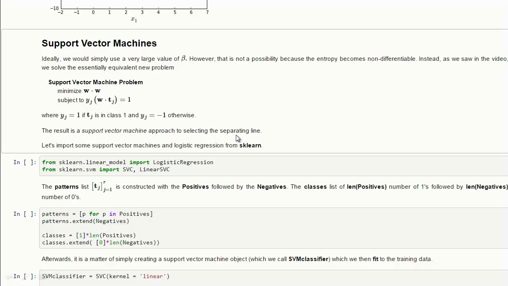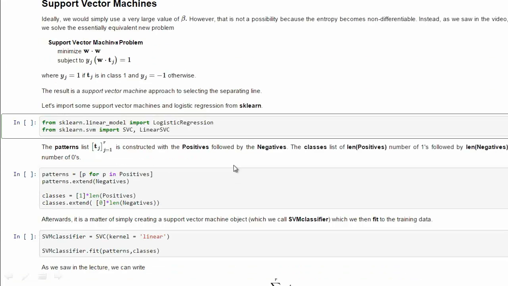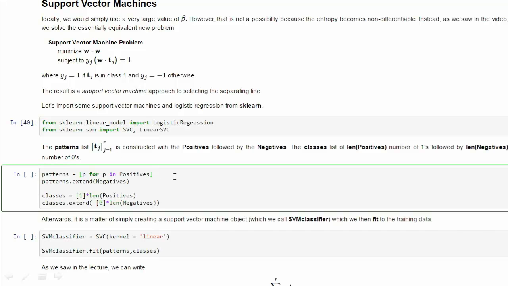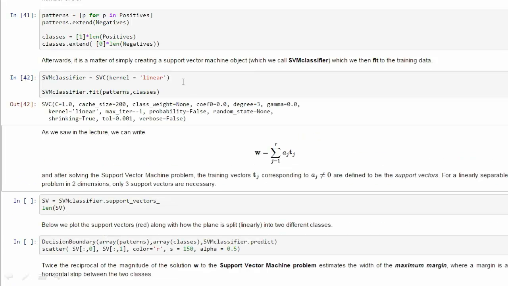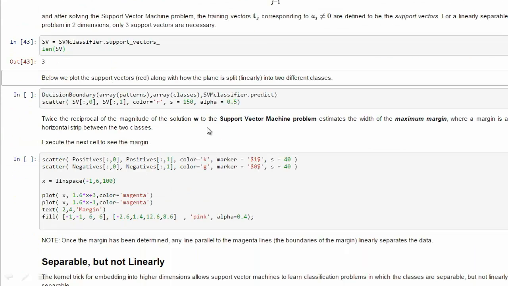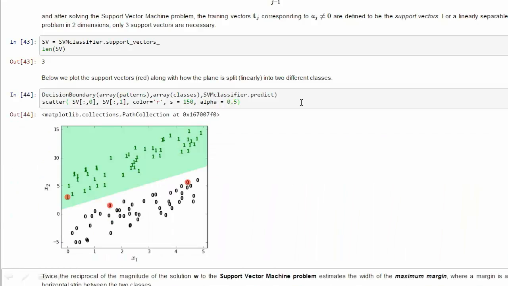So let's see how this works. We've got this support vector machine problem, and we're going to use SVC out of sklearn, because this is the Python support vector machine. What I'm going to do here is use the support vector machine classifier, and I teach it the data.